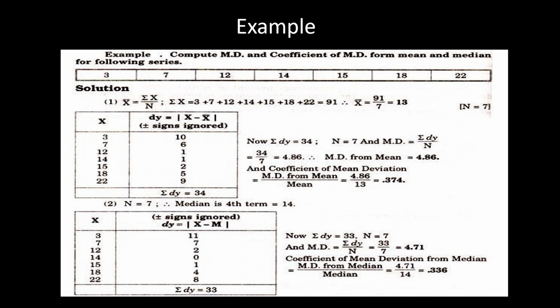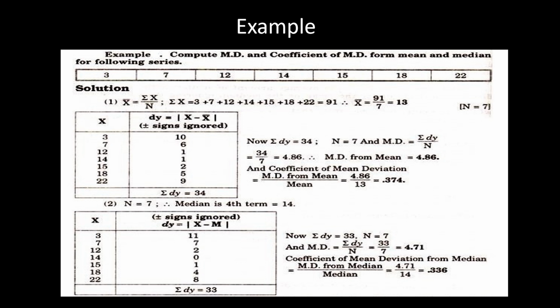Finding out the mean value is very simple. Find out the total of observations given and find the ratio of the total to the number of observations. So here, first of all, I am finding out the mean by just taking the ratio of the total of observations to the number of observations, which gives 13. After finding out the mean, next we are supposed to find out the absolute deviation of observations from the mean.